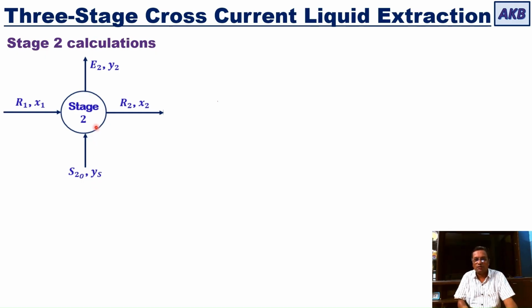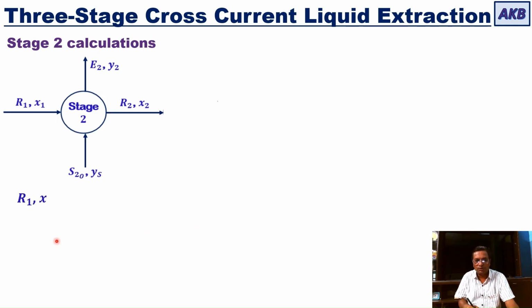So at the end of extraction in stage number 2, you get a raffinate phase with R2 as its mass or mass flow rate and X2 as the weight fraction of solute C in it. You get extract with E2 as its mass or mass flow rate, and Y2 as the weight fraction of solute C in it.